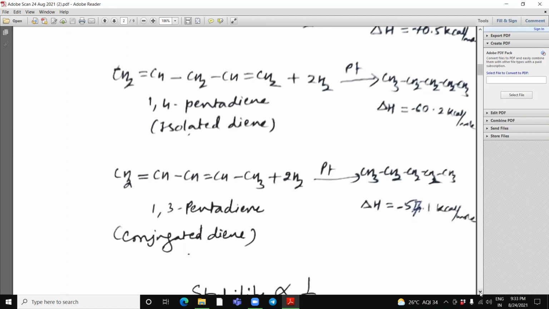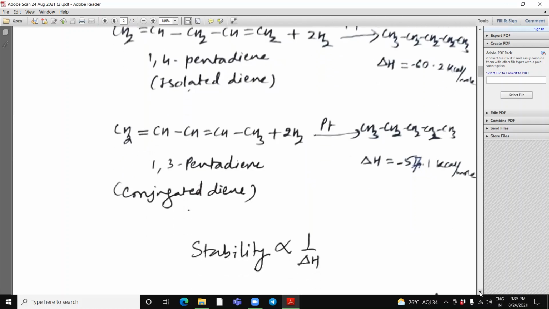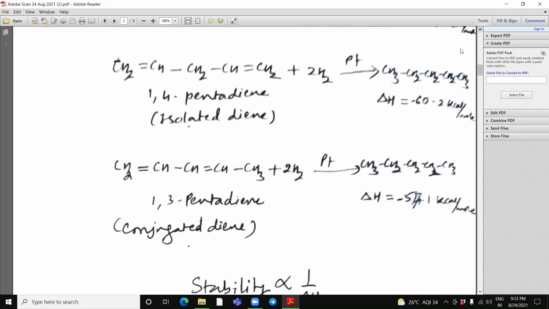And we know that stability is inversely proportional to delta H value. Here, the delta H value of this molecule is less in conjugated dienes, that is 1,3-pentadiene.